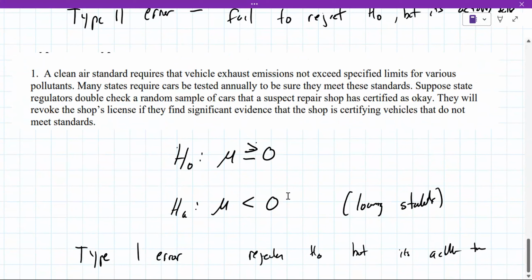Okay. And they might ask you to write a question or write an answer to a question like that. In a type 2 error, you fail to reject H0, but it's actually false. You say, oh no, they're not lowering standards, but then you actually find out later on that they're lowering their standards to make sure more cars pass. Okay.